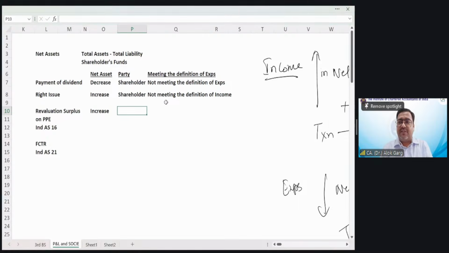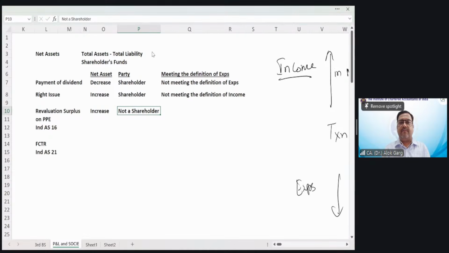Whether this party is a shareholder, whether this revaluation has been done with a shareholder, answer is no. It's a market based value, it's a fair value, not a shareholder.